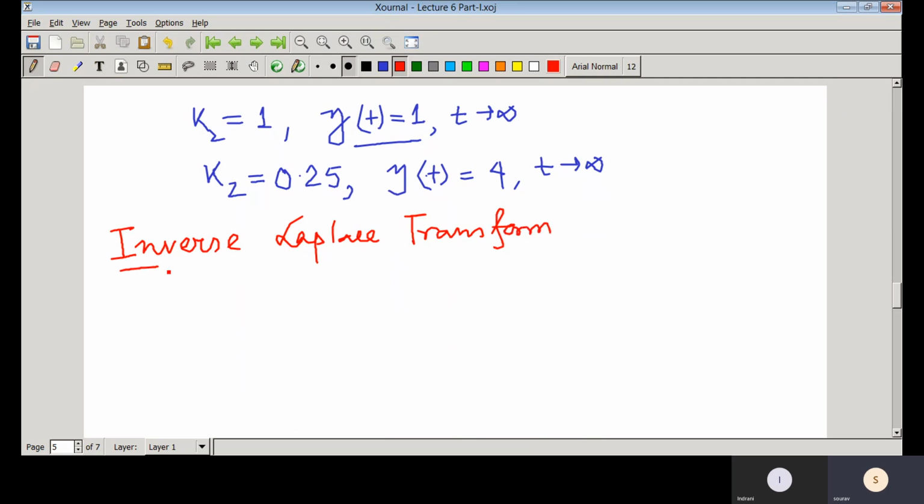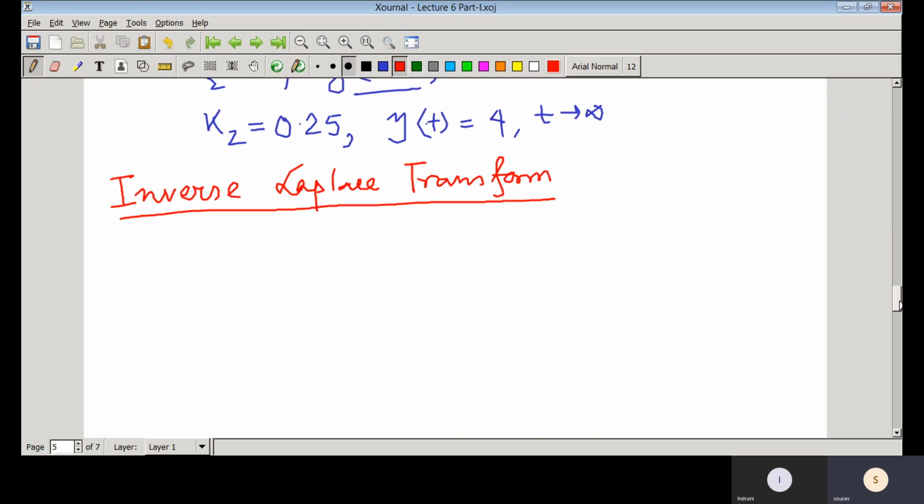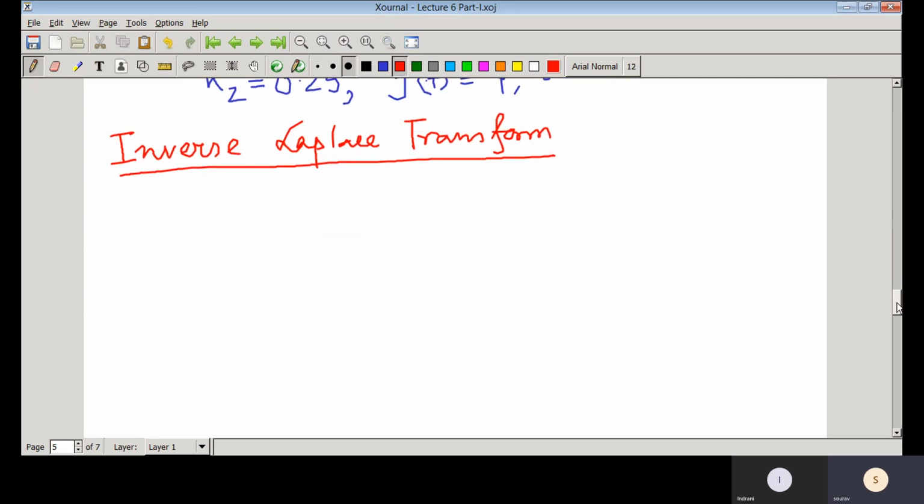In this class we will be solving some problems, and from there you will learn a few new concepts, and probably you have learned those things in your signals and networks course. Let us see how to apply the inverse Laplace transform to find the function.